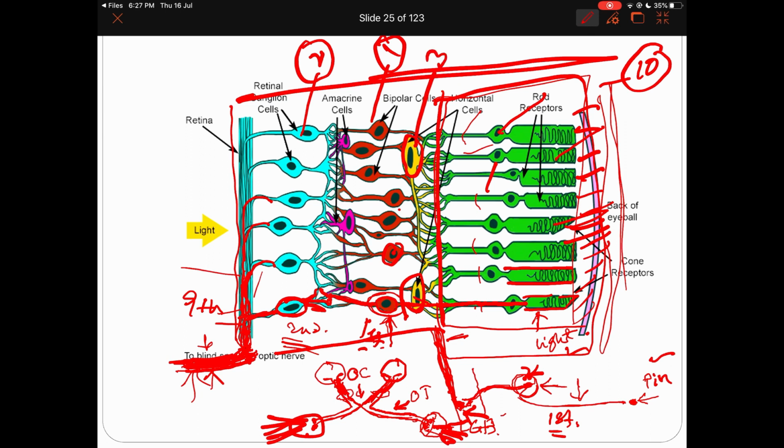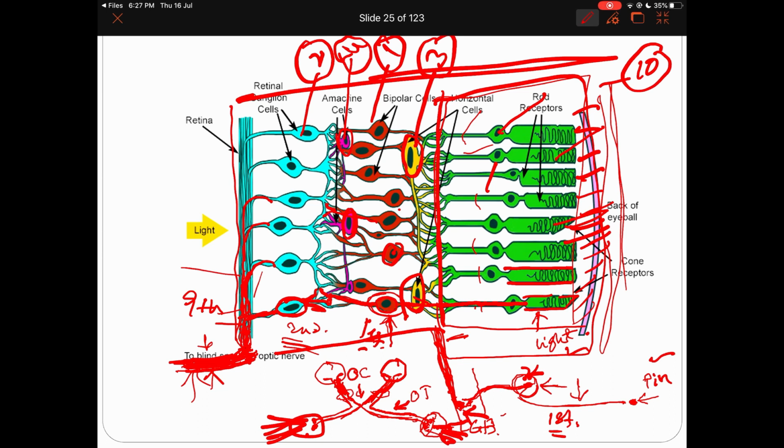This is third. Your bipolar cells were synapsing with the second order neuron; first order neuron is synapsing with second order neuron. Here you see lateral connections between both of them. You see another group of cells, you call them amacrine cells. This will be your fourth cells.